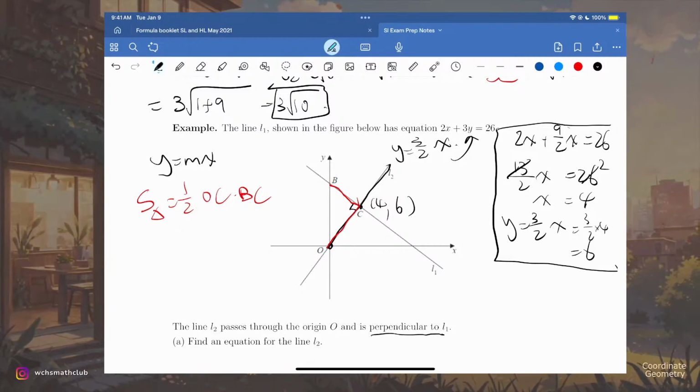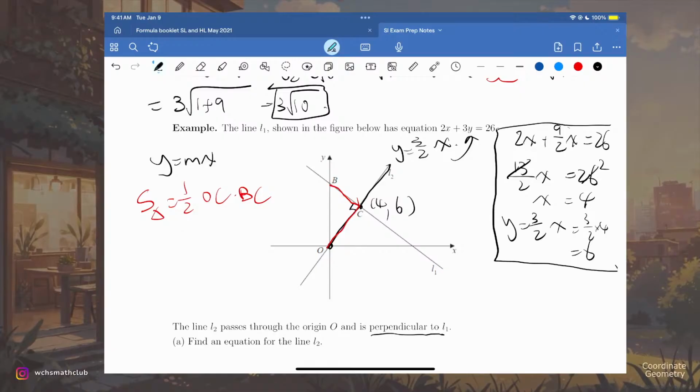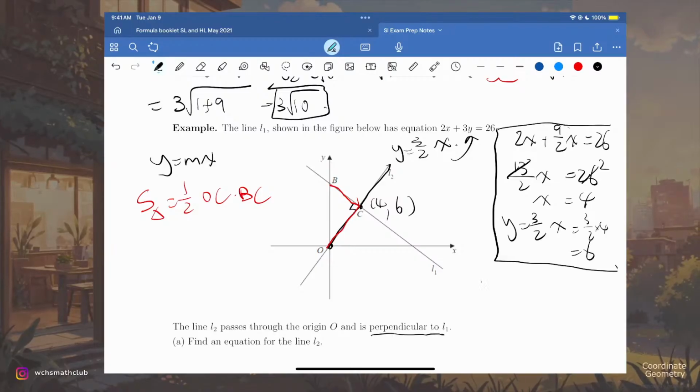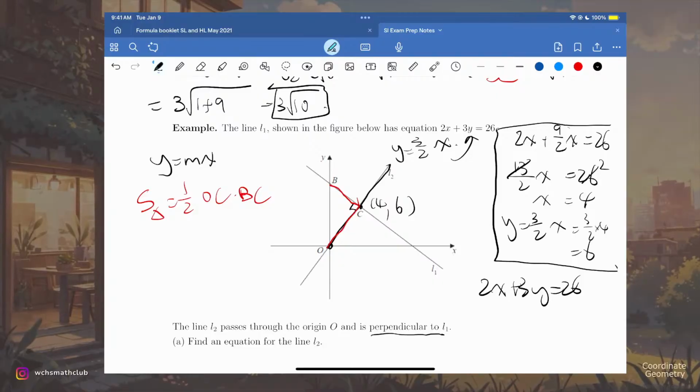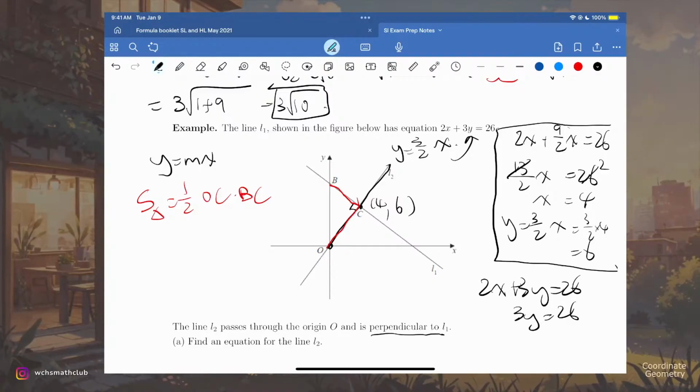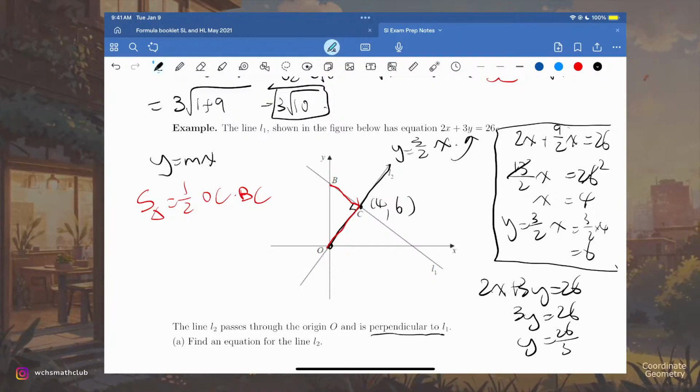B is the y-intercept, and the y-intercept by definition is when x equals 0. So we take 2x plus 3y equals 26, and because x equals 0, we just get 3y equals 26 and y equals 26 over 3.